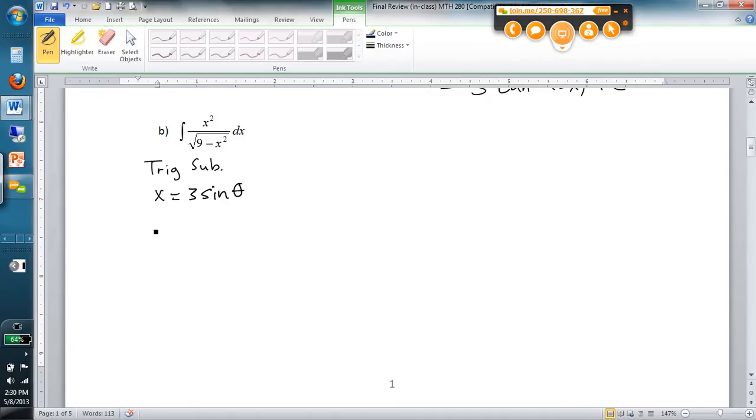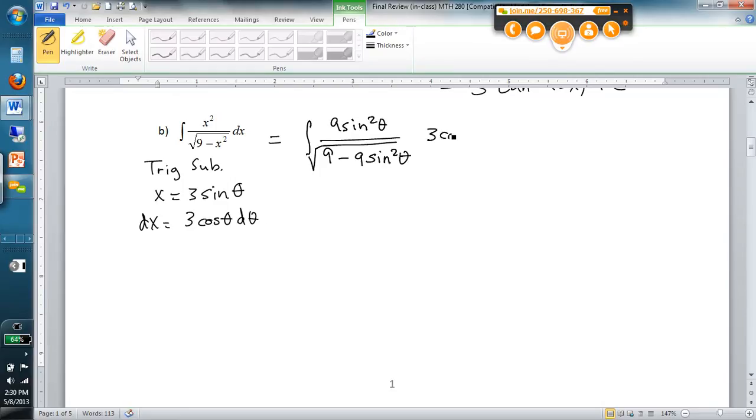Okay. Now, the other thing, of course, is dx. What's dx? Well, dx would be 3 cosine theta d theta. So let's make that substitution right there. x is 3 sine theta, so the top would be 9 sine squared theta. Then the bottom would be the square root of 9 minus 9 sine squared theta, and then dx is 3 cosine theta d theta.